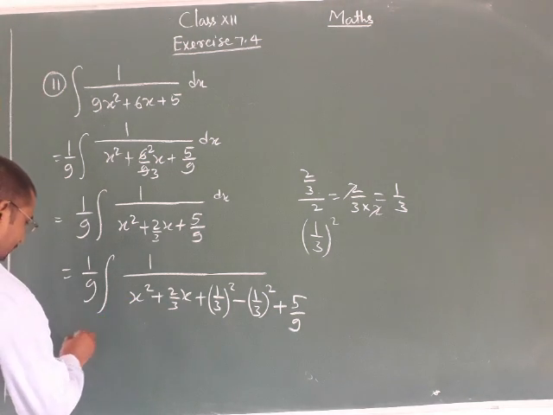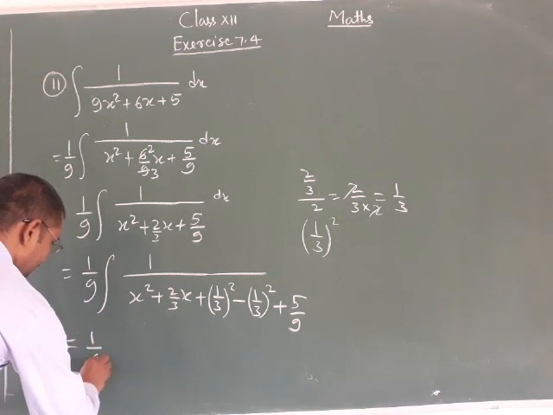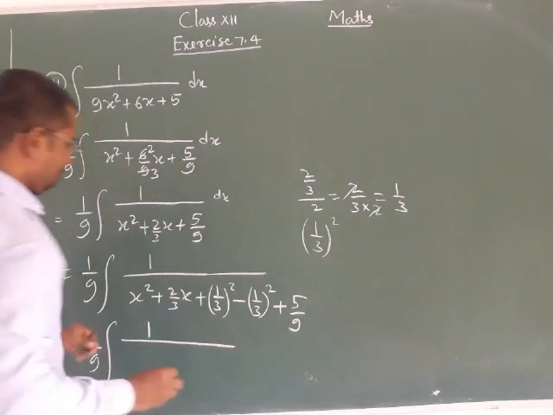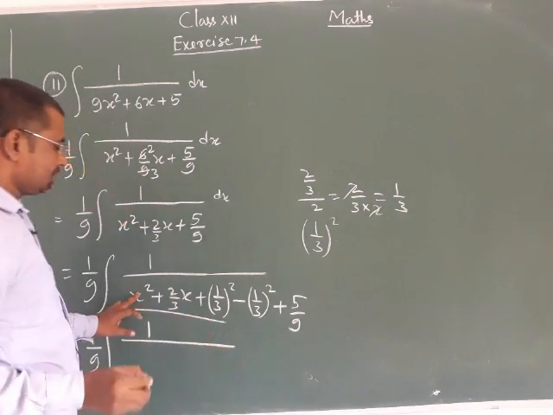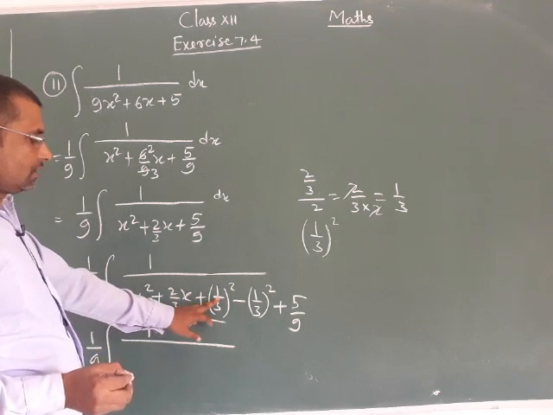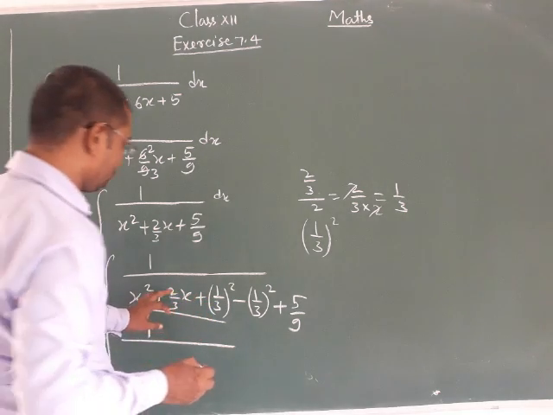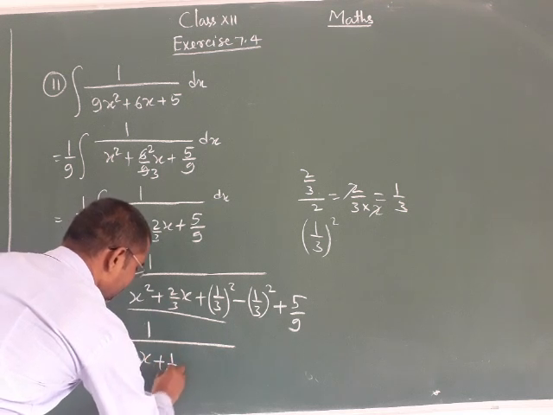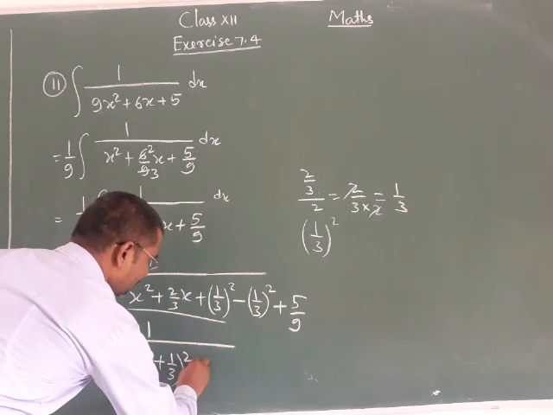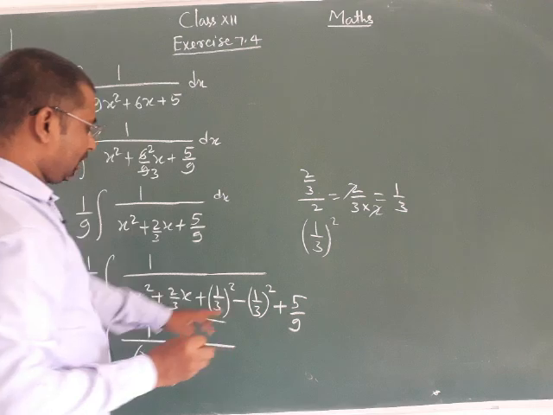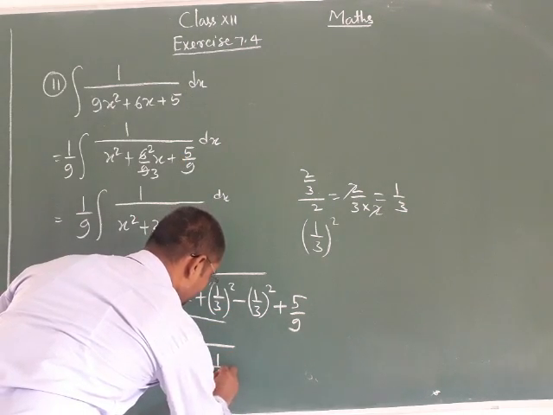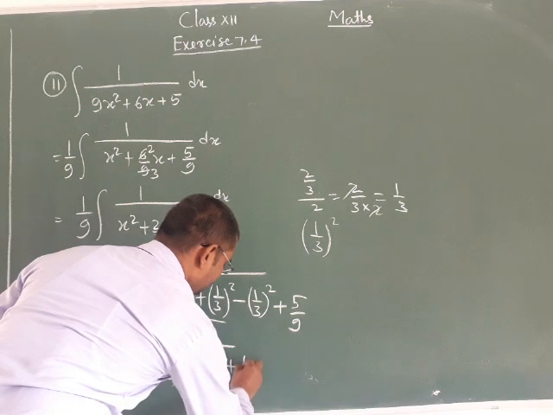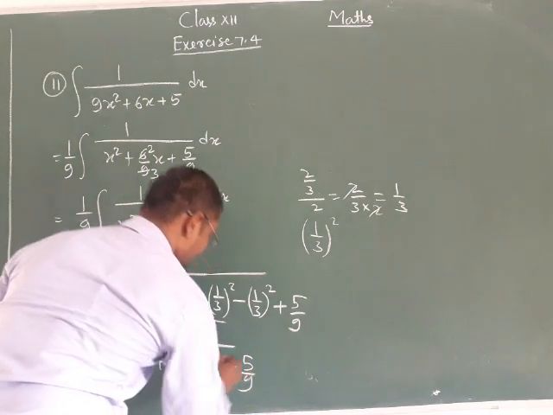Also we can write 1 upon 9, integral of 1 upon, this is a square plus b square plus 2ab, so by factoring, x plus 1 upon 3 whole square and minus 1 upon 9 plus 5 upon 9.